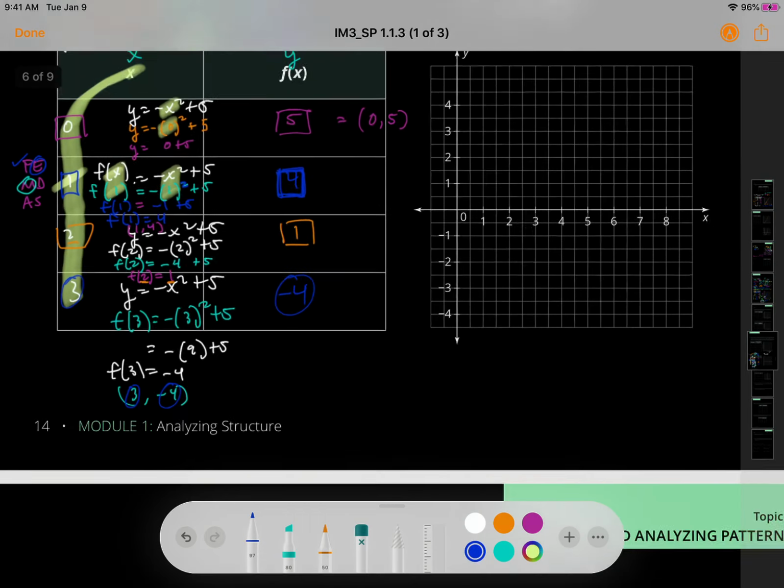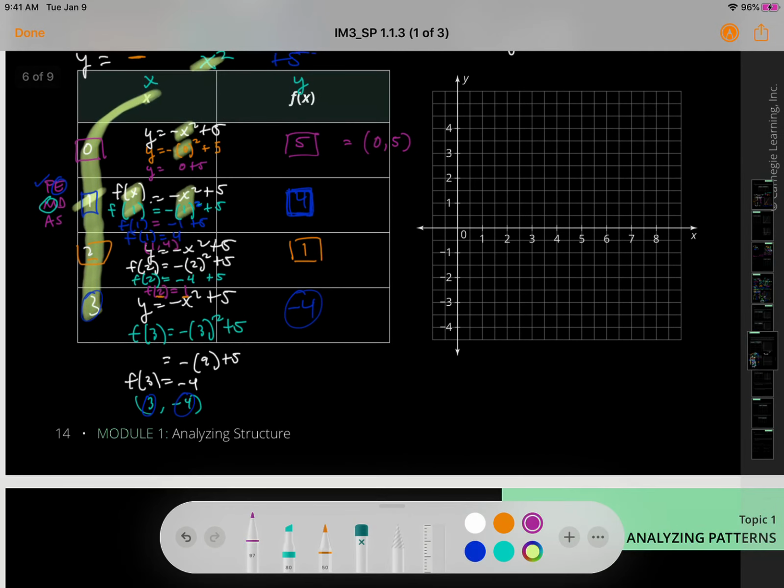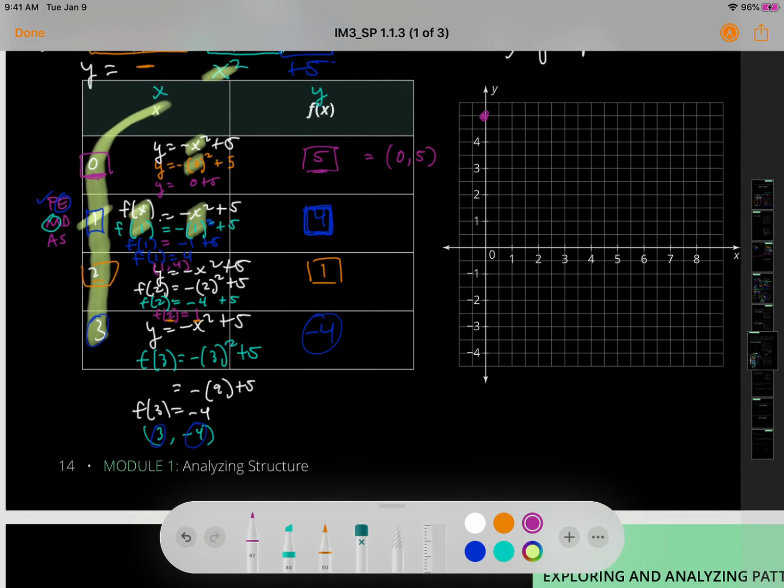Let's go ahead and graph this. So 0, 5. Okay. 1, 4. Right 1, up 4. 2, 1. Right 2, up 1. And 3, negative 4. 3, what do we do?